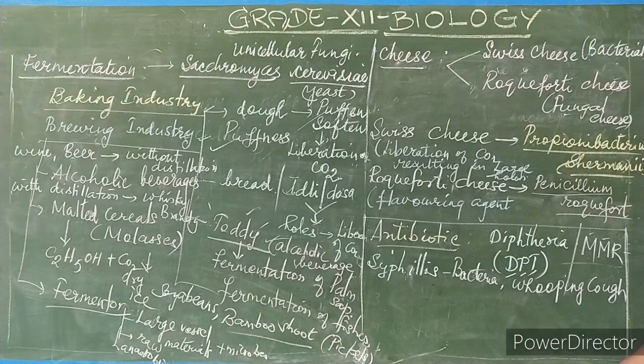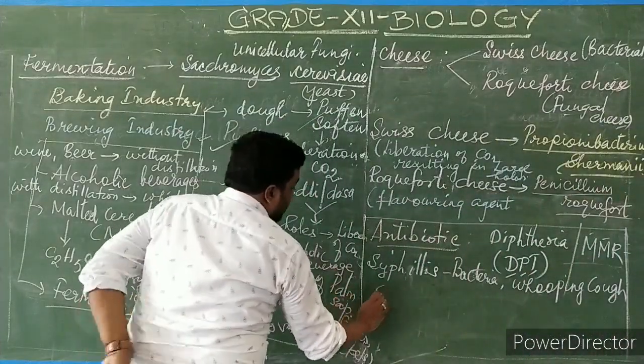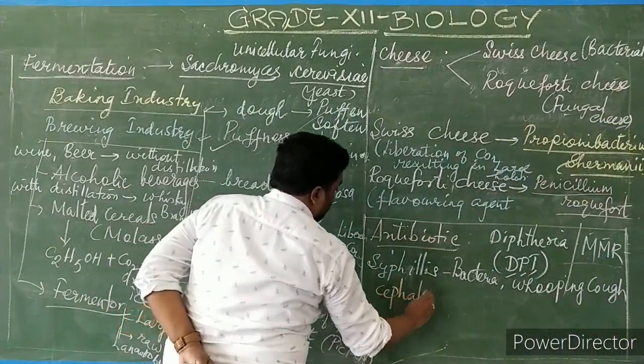So numerous antibiotics have been discovered so far, from bacteria as well as from fungi. Various antibiotics are there: tetracycline, penicillin, cephalosporin.